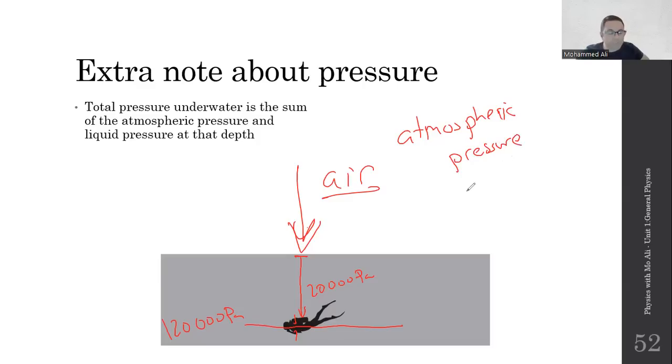You don't memorize the value of this atmospheric pressure, but it's about 100,000 Pascal, or 1 times 10 to the power of 5 Pascal. So when you're underwater, the total pressure acting on your body is the sum of the atmospheric pressure and the liquid pressure. So both, not just one of them.